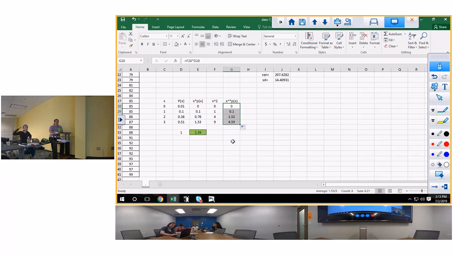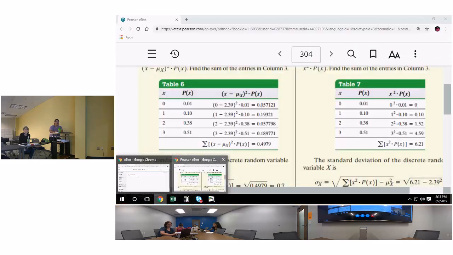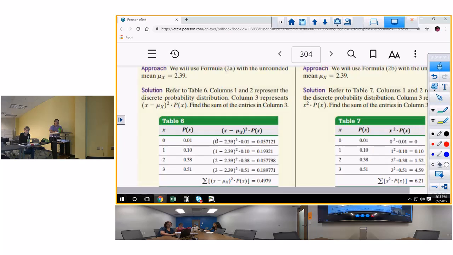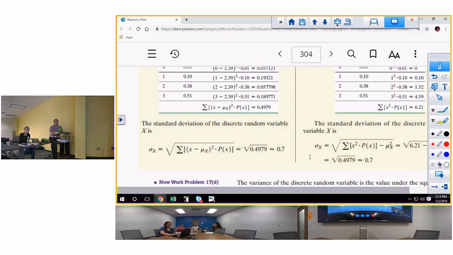All right, and we're going to add those up. So take this, Control C. Control V. Now what? What does the formula say do? Let's go back to the formula, since you didn't write it down. What's the formula say? I use this one. X squared times P of x. Add that up, and then subtract the squared what? Mean. Everybody with me?